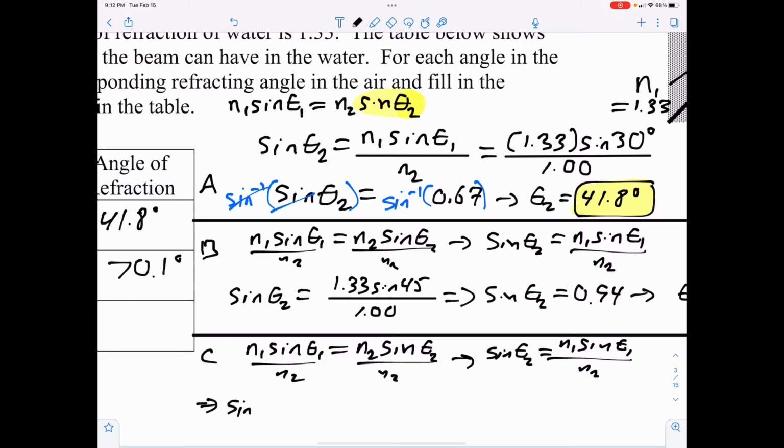When we plug into that, sine of theta 2 is equal to 1.33 times the sine of 60 degrees over 1.0. Now, what we notice in this one is that when we put this into a calculator, the sine of 60 is about 0.866 times 1.33, we get the sine of theta 2 is equal to 1.15.